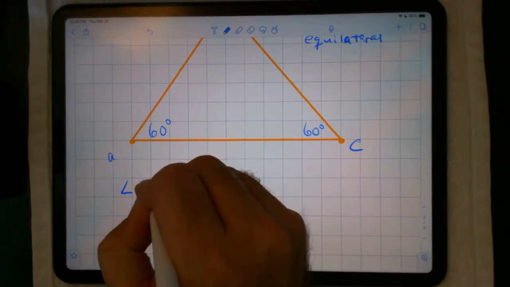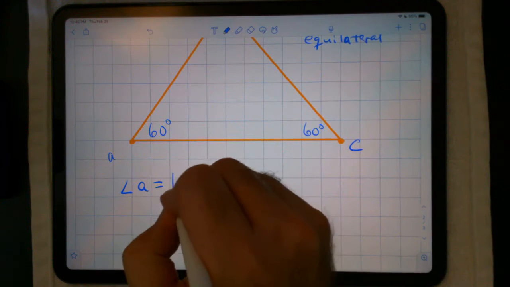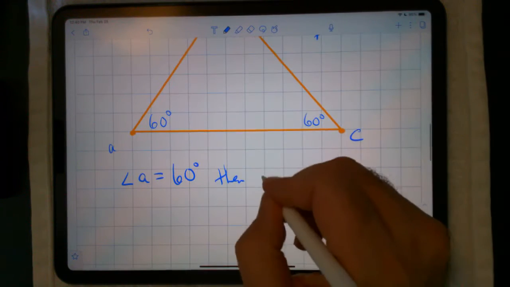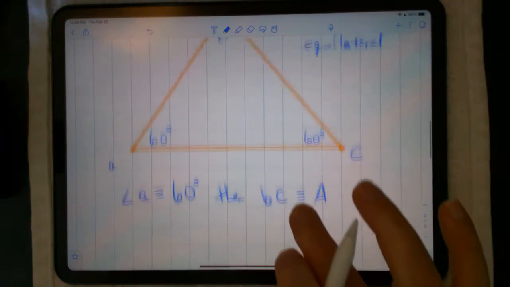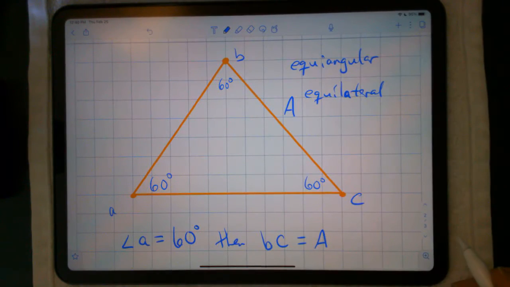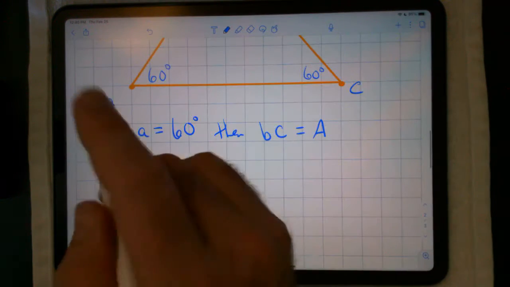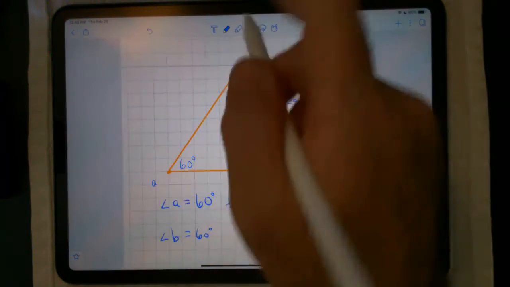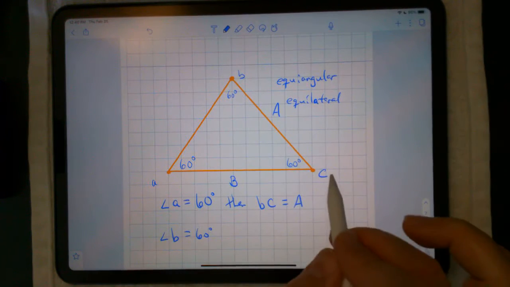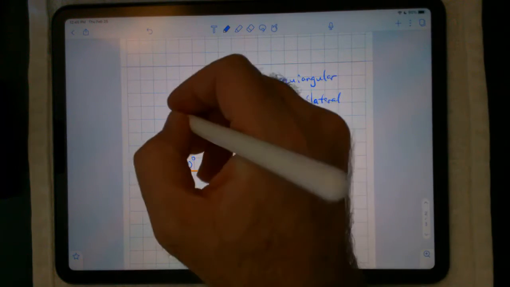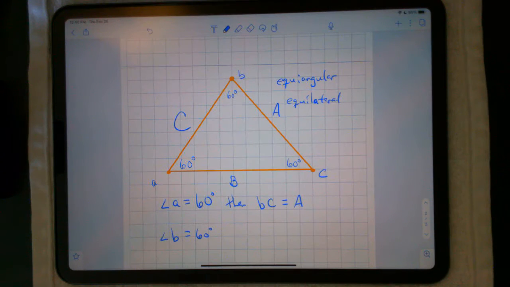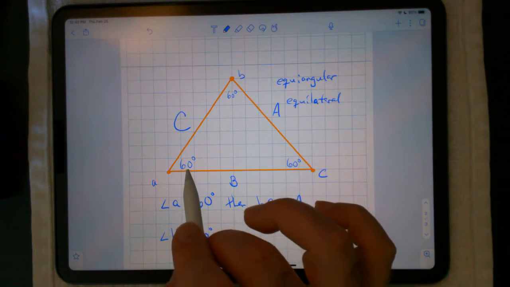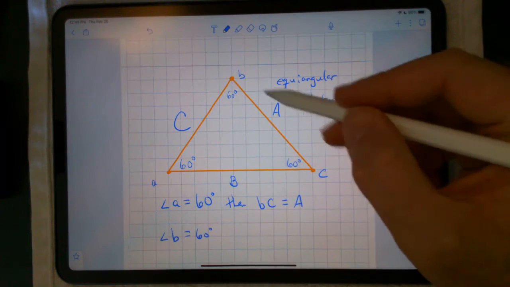If angle A equals 60 degrees, then BC is just called capital A. Angle B in this case is also 60 degrees, and so the opposite side would be capital B. If this lowercase c is your angle measure, then the opposite side would be a capital C. Or you could have capital letters for your angle measure, and then lowercase letters would be the opposite side.